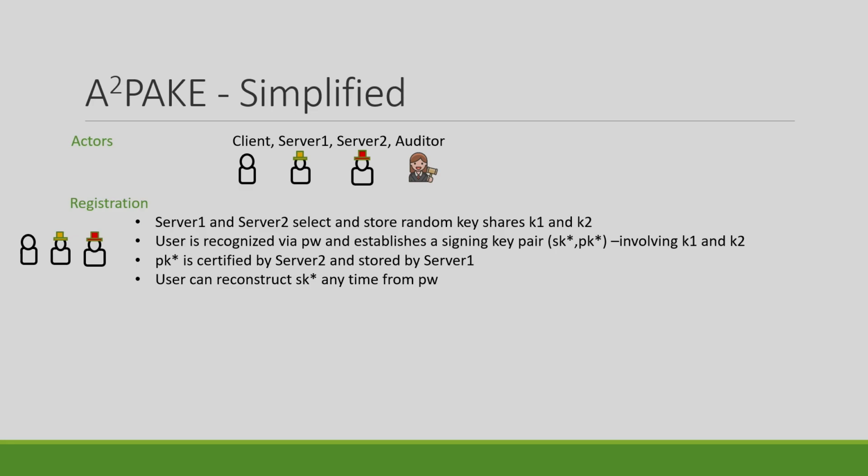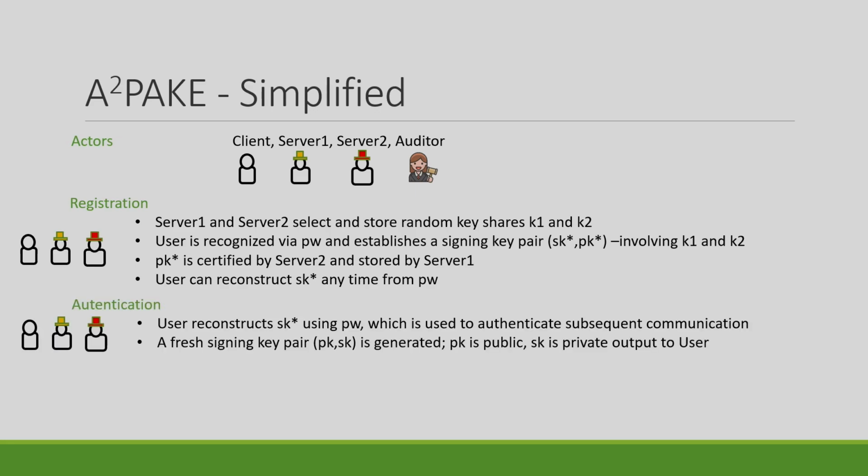So server 1 will store a string with the name of the client, PK star, and the signature constructed by server 2, which is like a certificate of this public key, so that from this point on, the user will be able to reconstruct this SK star for proving his identity to the servers anytime from his password. So after this interaction, there will be an entry in a registration list that the servers will keep corresponding to this client, but the client will only need to store his public key.